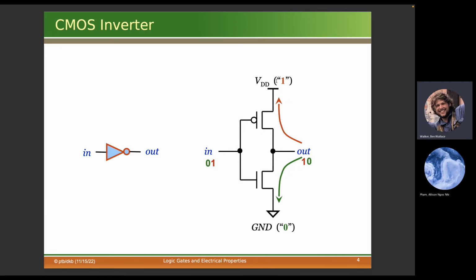There's no connection to VDD, but there is a connection to ground. So when the input's 1, the output is pulled down to ground. Conversely, if the input is 0, the PMOS becomes connected, which pulls our output up to 1, and the NMOS remains open. So that's how you invert signals.